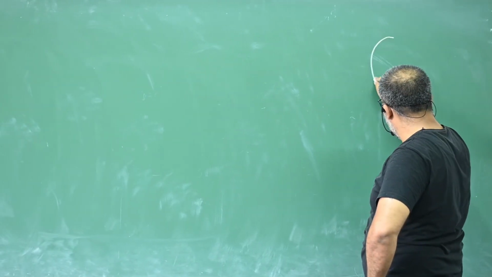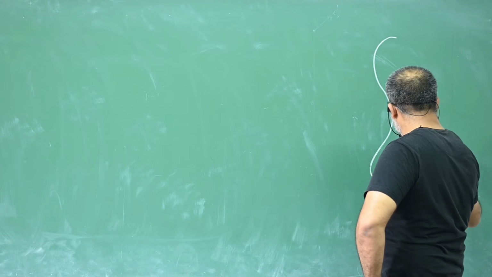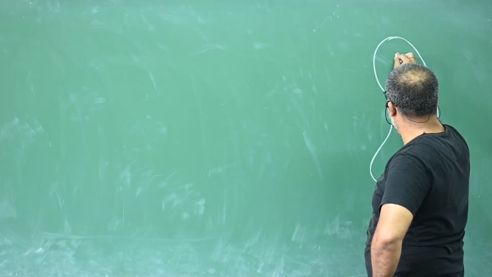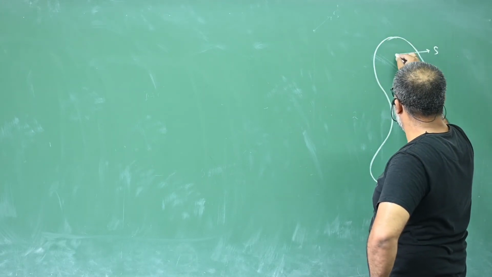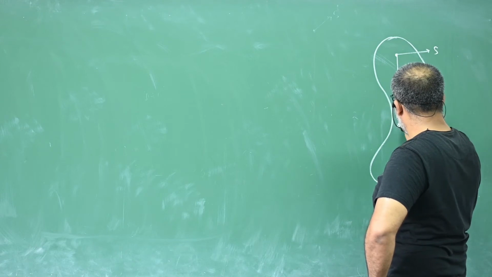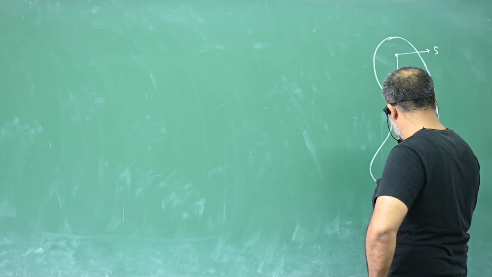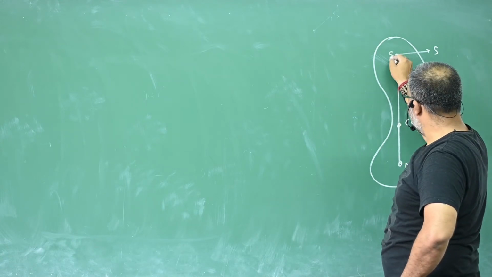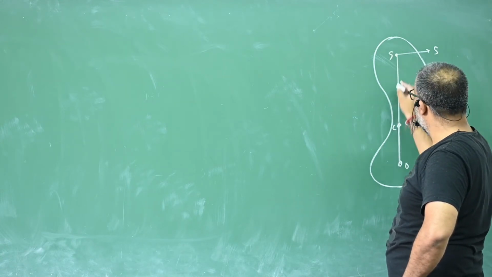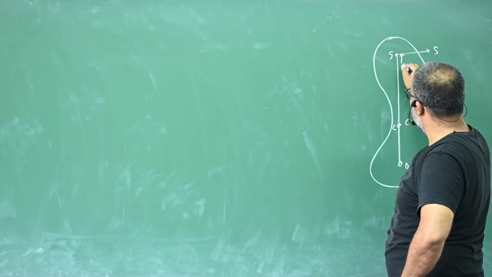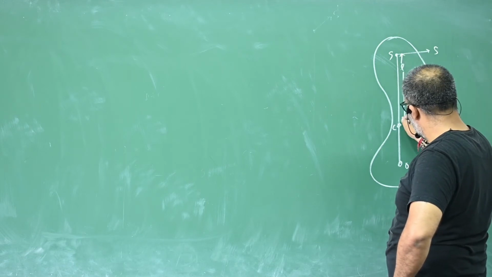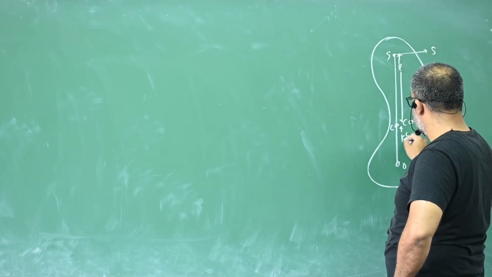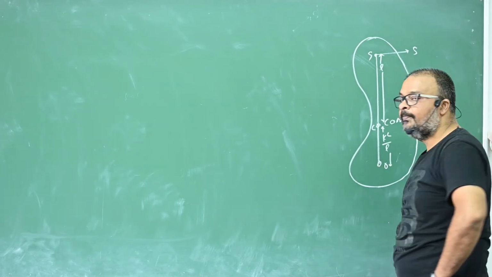Now, let's talk about the whole topic again. It was the point of suspension S, the center of mass C, and the point of oscillation O. This distance was L, and this distance was K square by L. Right?